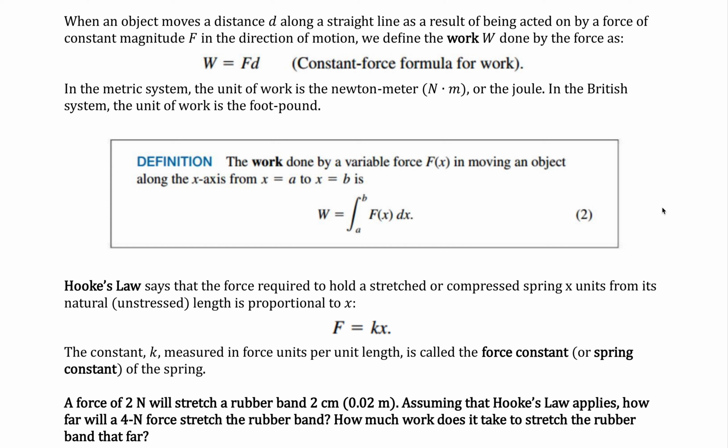So the force equals some constant k times x. That constant k is called the force constant or the spring constant, and it's measured in force units per unit length. So it will either be in newtons over meters, or it will be in pounds over feet.